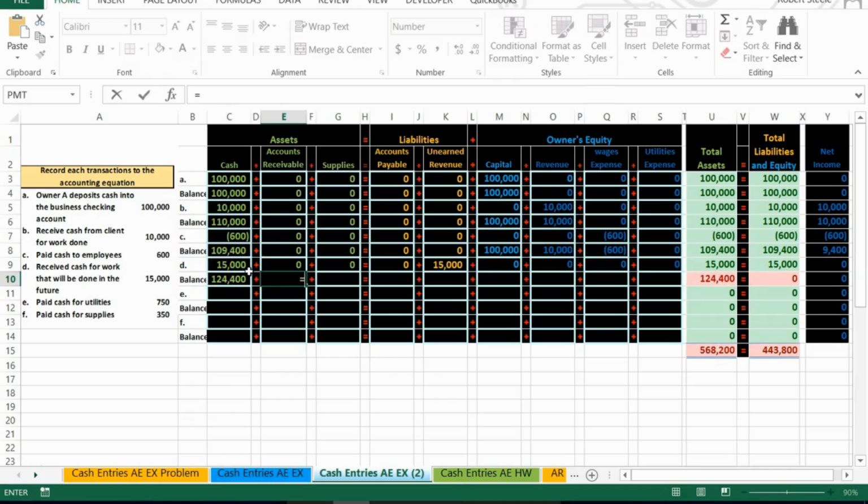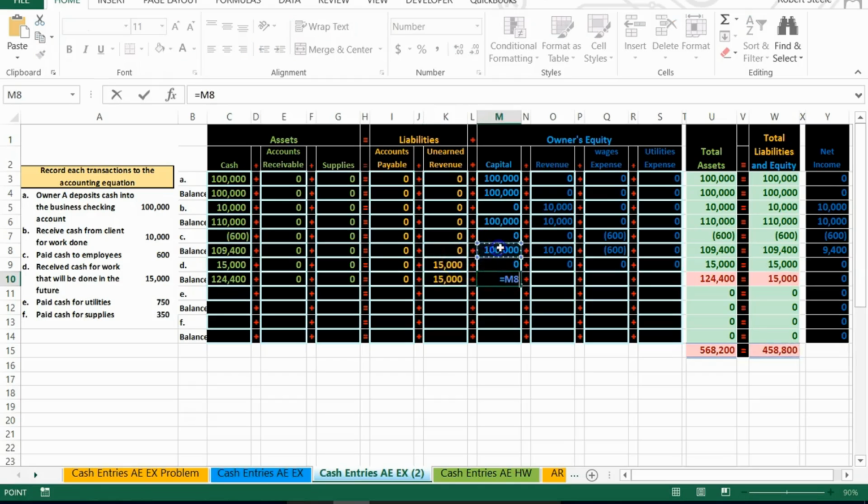Then I'm going to do this all the way across, even though it has zeros. This is what's in cell C8 plus what's in cell C9, tab, tab. This equals what's in cell G8 plus what's in cell G9, tab, tab. This equals what's in cell I8 plus what's in cell I9, tab, tab. This equals K8 plus K9, tab, tab.